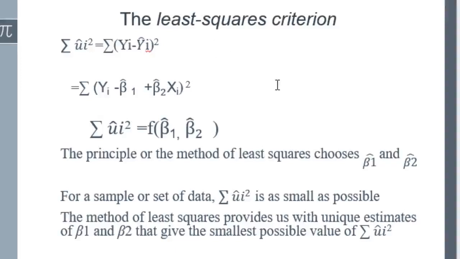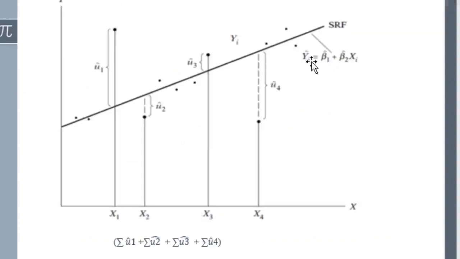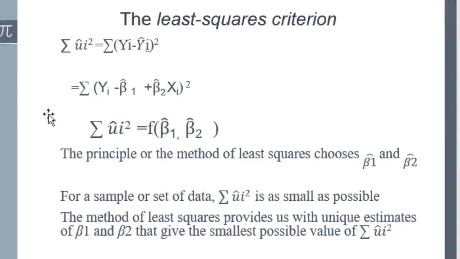The least square criterion states that the sample regression function can be fixed in such a way that we take the sum of squares. Earlier we took simply the sum only, and sometimes its value would be equal to 0. In order to overcome that, we take the sum of squares of the error terms.